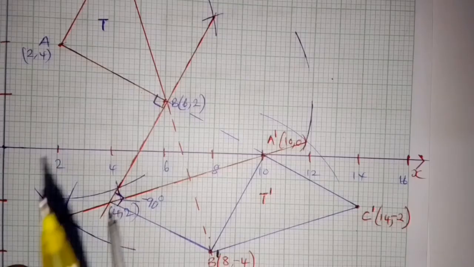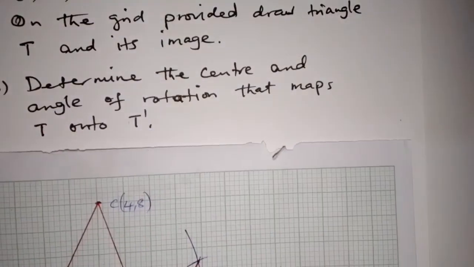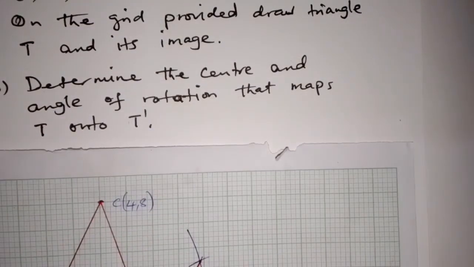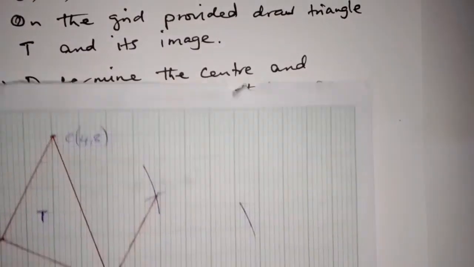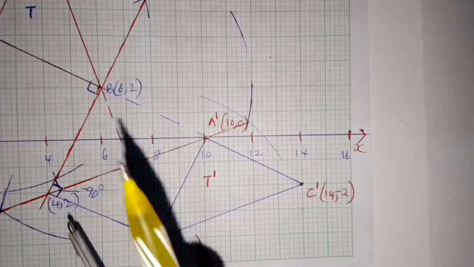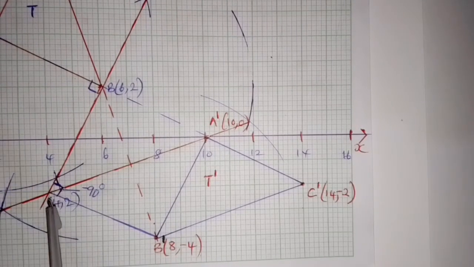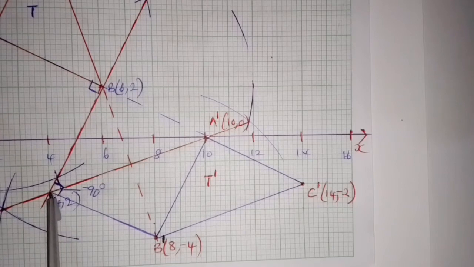So now we have been asked to determine the center and angle of rotation that maps T onto T prime. The center of rotation will be where the two lines meet, that is here.